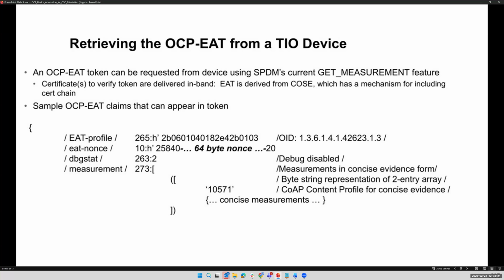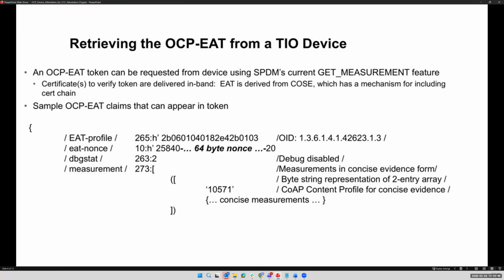Several claims that were defined in EAT have actually been used extensively in the wild, and we wanted to reuse them. So the debug state is shown there, and the nonce and the measurement, which we also talked about, are all three EAT fields that are being reused in the OCP profile.